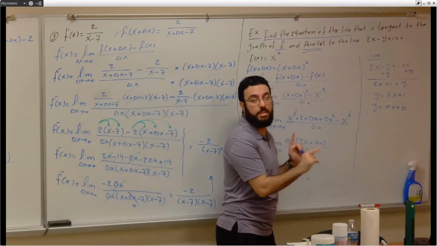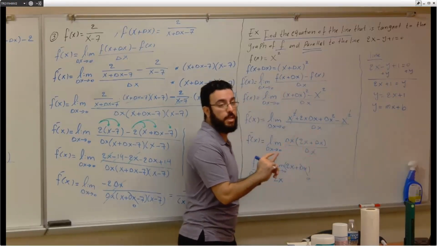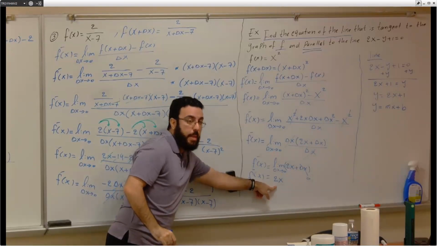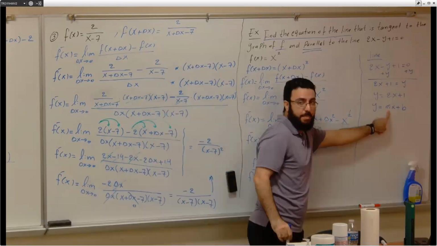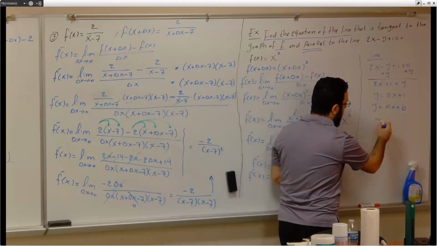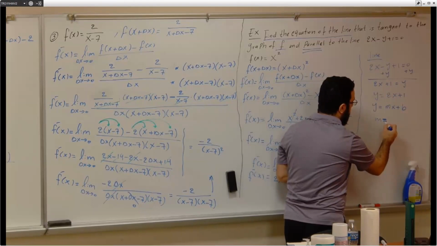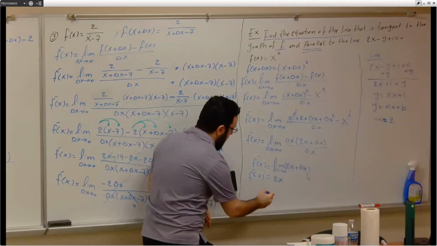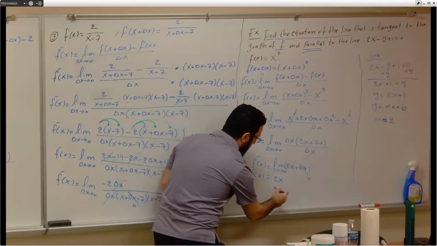So that's the difference. The slope for the graph is 2x. But the slope for the line, where is the slope? It's just the m, which is 2. That means the slope for the line is going to be only 2. The slope for the graph, the whole thing here, 2x.